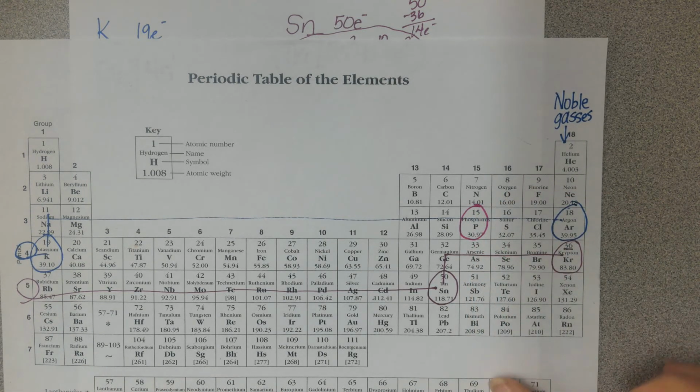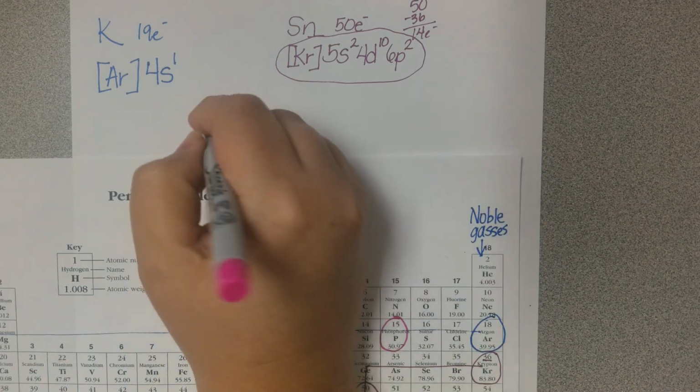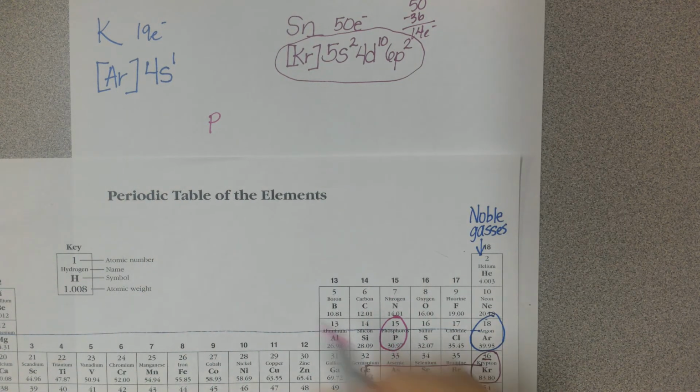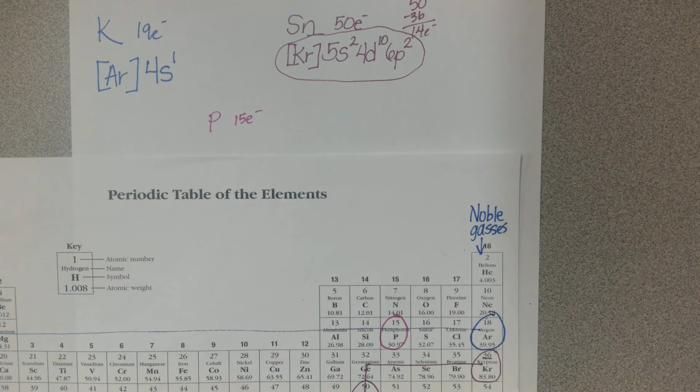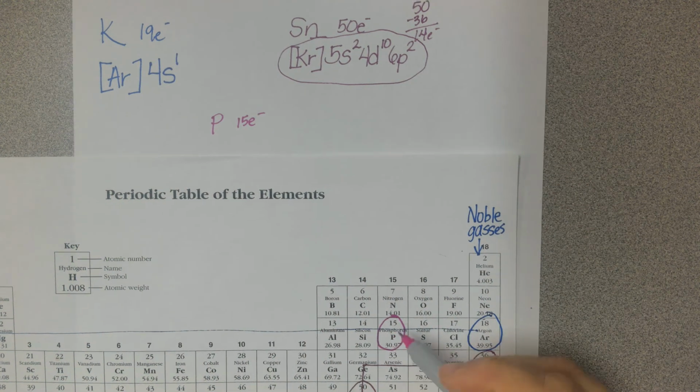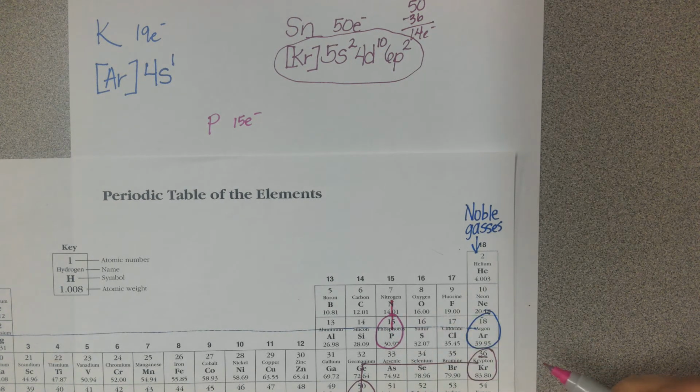All right, so if I want to write the shorthand electron configuration for phosphorus, phosphorus has 15 electrons. And so to do the shorthand, remember, I want to know which noble gas to use. I'm going to go up one row and all the way to the right, and that gives me neon.